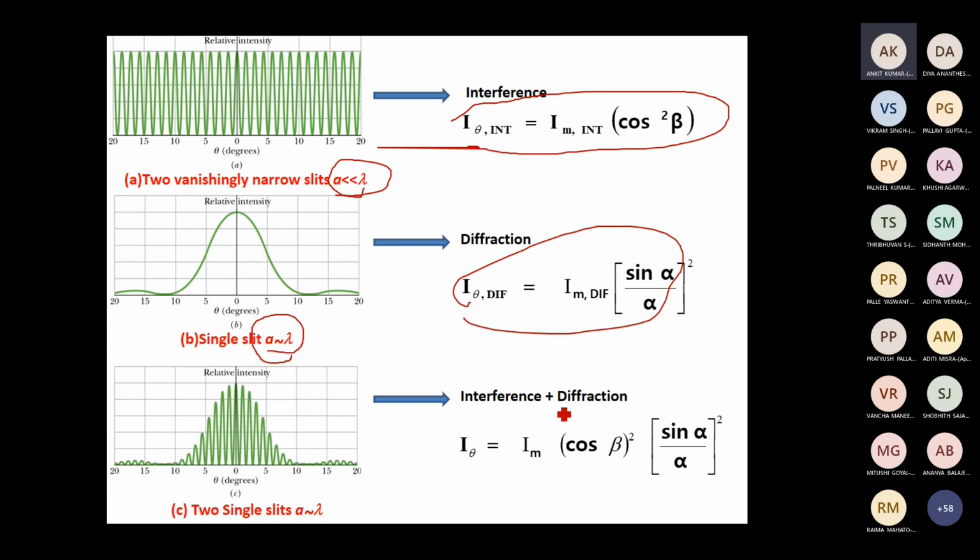Only thing is, based on our conditions, we can neglect the diffraction on one condition, that is A is very less than lambda. The moment you relax the condition, the diffraction effect comes into the picture. What is basically happening here is, because you can see here all the intensities are of the same height, in the sense all the maxima are of the same height, indicating they have the same intensity.